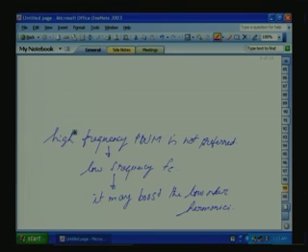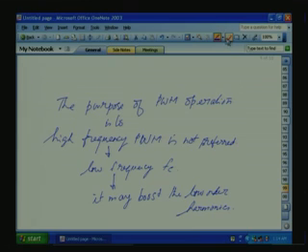But the whole purpose of PWM operation is to have a nearly sinusoidal current.